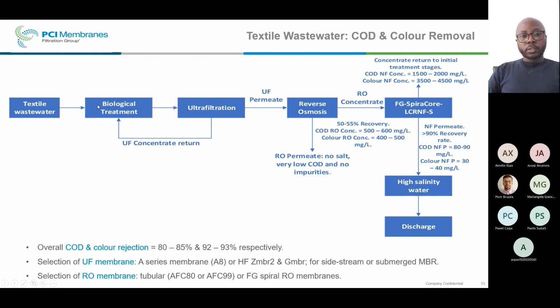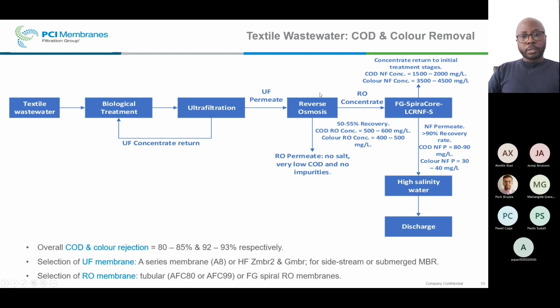So this wastewater from the textile industry could be processed in combination with biological and ultrafiltration to produce an effluent which has less solids, sludge. And then this effluent could be passed through a reverse osmosis membrane.